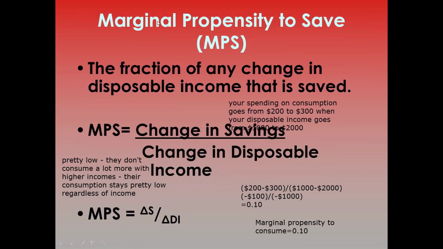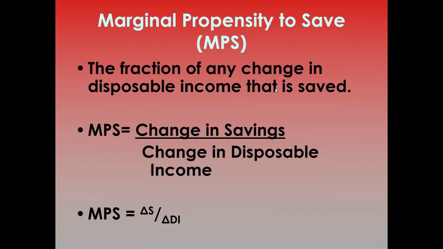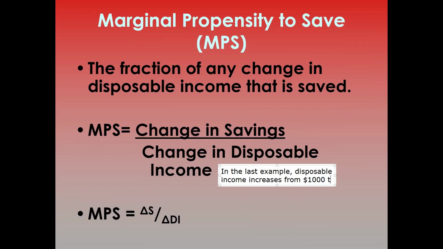Marginal propensity to save is the fraction of any change in disposable income that is saved. So it's the change in savings divided by the change in disposable income. In the last example, disposable income increases from 1,000 to 2,000.